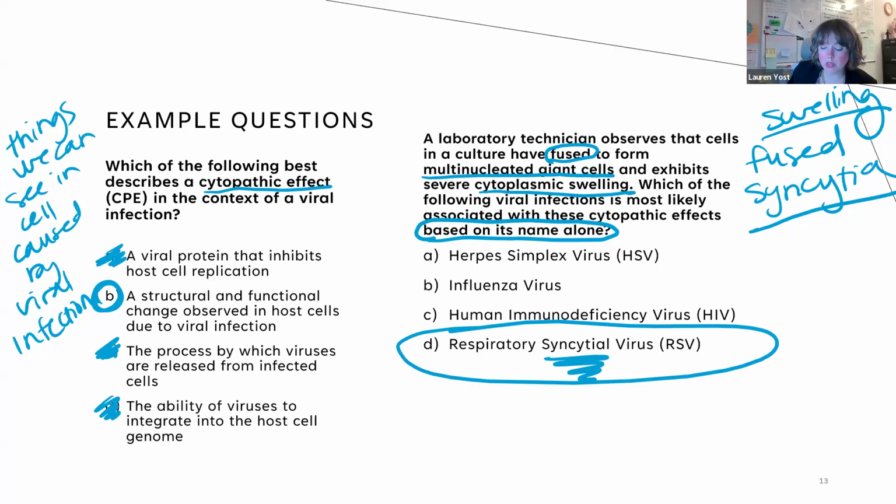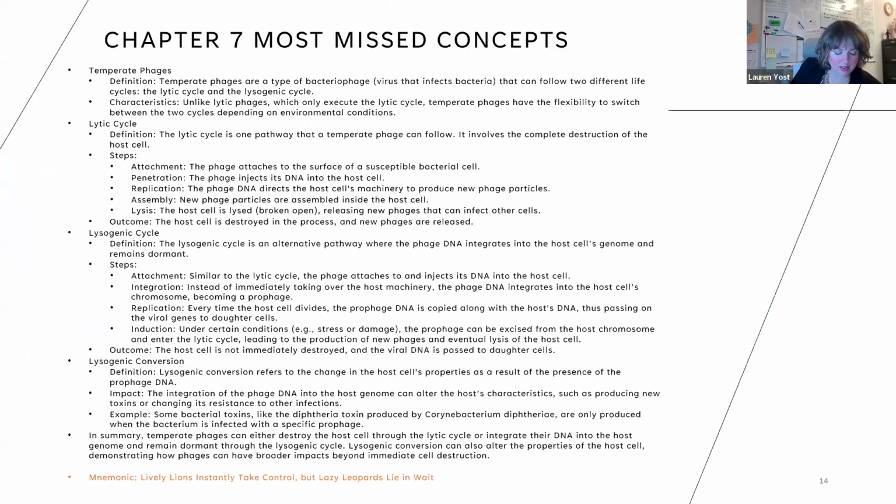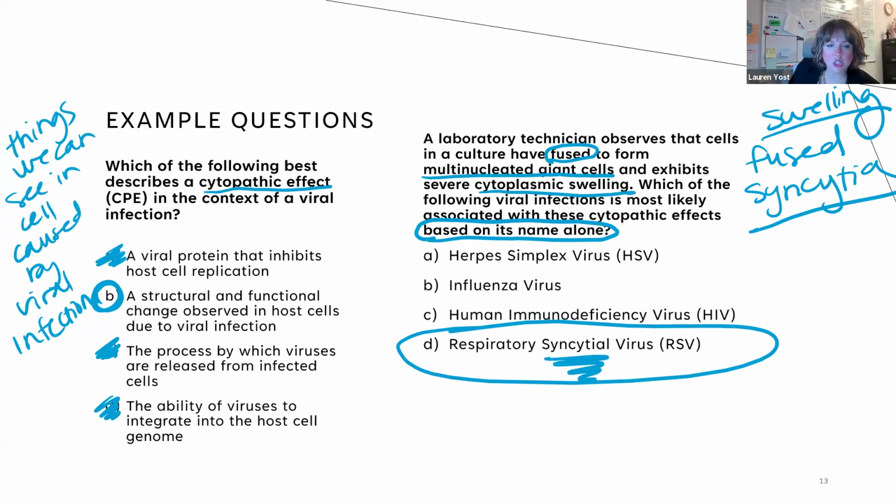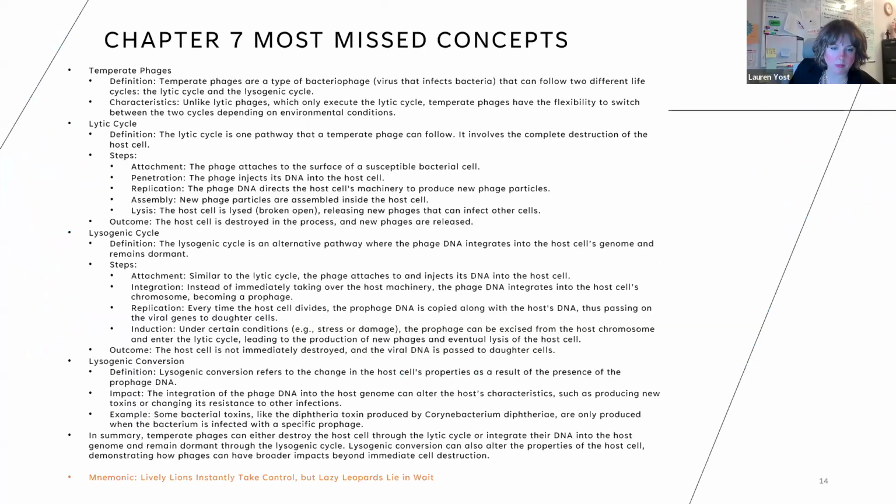Potentially, maybe influenza virus causes syncytia or swelling or both. But based on the name alone, it's RSV here, the syncytial aspect. Okay. This is basically just asking you to recognize the term. This is a fancy way of me saying, syncytia, what does that mean? Just a fancy way of doing that. Okay. Don't read too much into that.